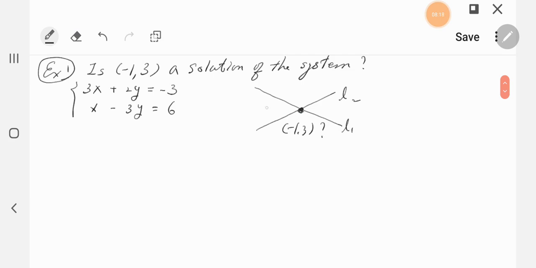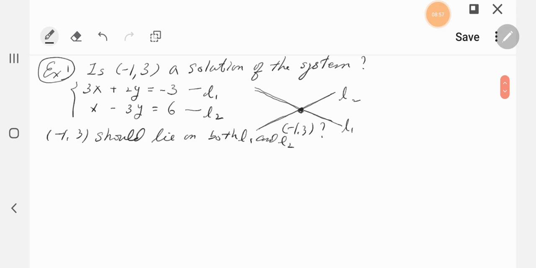This means this point is on line 1, and also the same point should be on line 2. If a point is on the line, then this point should satisfy each equation. So this point should lie on both line 1 and line 2 if this point is a solution.